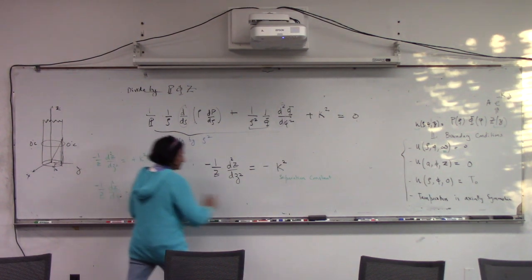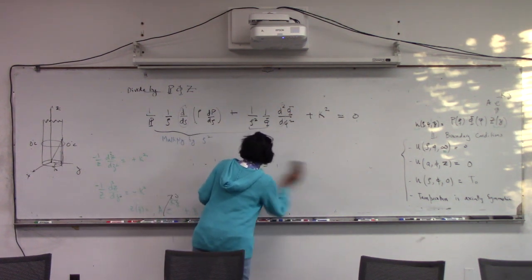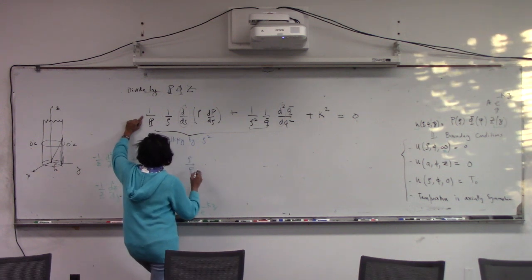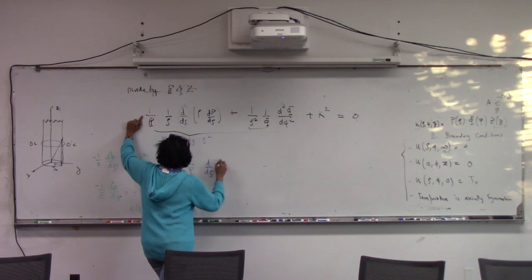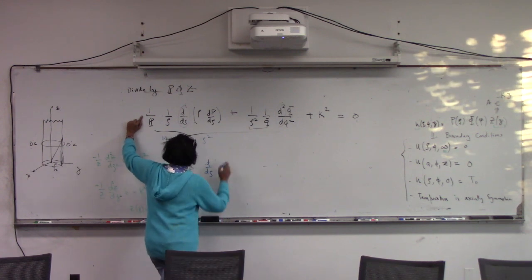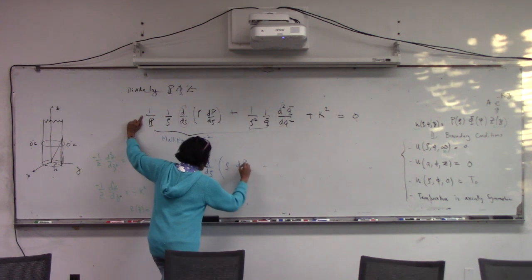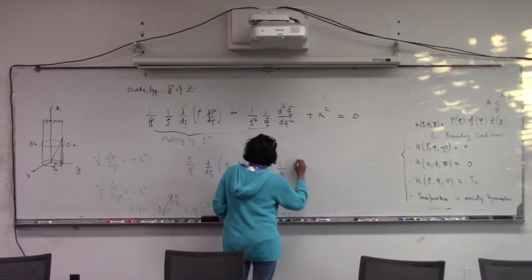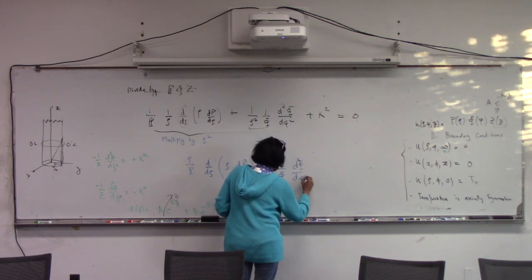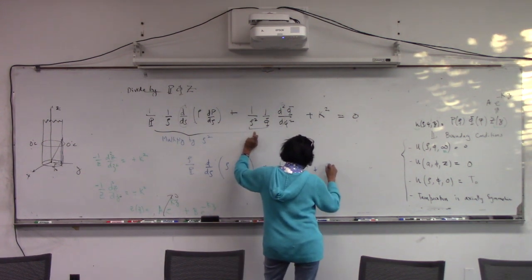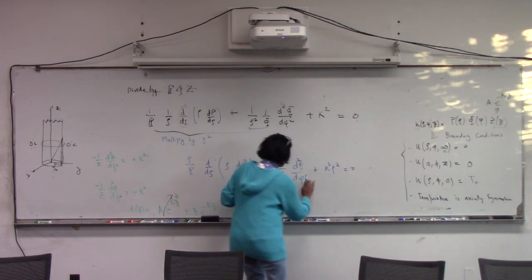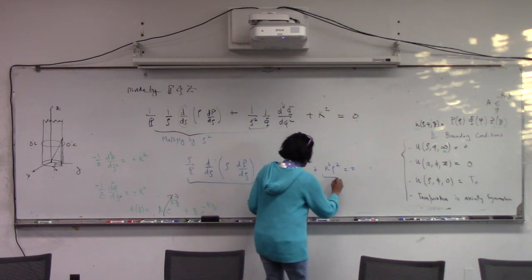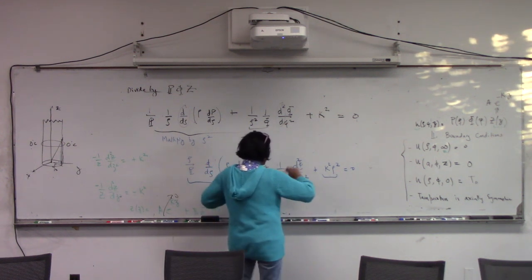That will give me rho over p of the following, rho, plus 1 over phi d squared phi d phi squared, plus k squared rho squared equal to 0. So now this is a function of rho and this is a function of phi. This term I can pull to the right hand side.